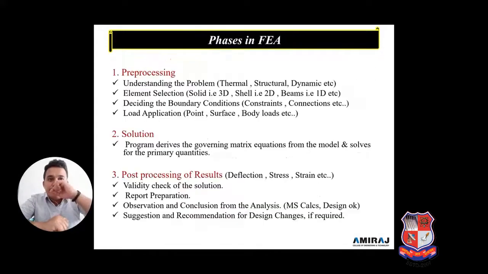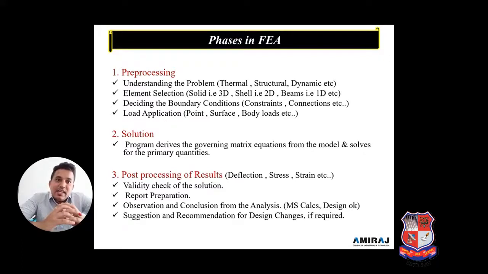Let's start. Actually, there are 3 phases in FEA: pre-processing, solution and post-processing. Post-processing we can say is the result. Pre-processing means deciding for which kind of analysis we want, such as thermal analysis, static structural analysis, dynamic analysis, etc. Then second is the element selection, 1D, 2D or 3D.